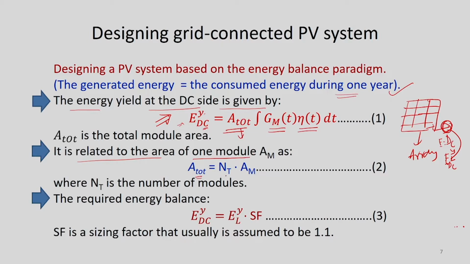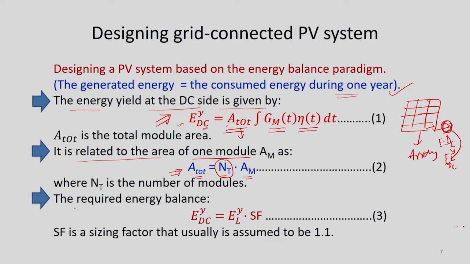So, A total will be N T multiplied by A M. What is N T? N T is the number of modules in that particular array. Okay. Once we know this information, then we can use this A total and apply it here, and we can calculate E DC Y, or the yearly energy yield on the DC side, right.